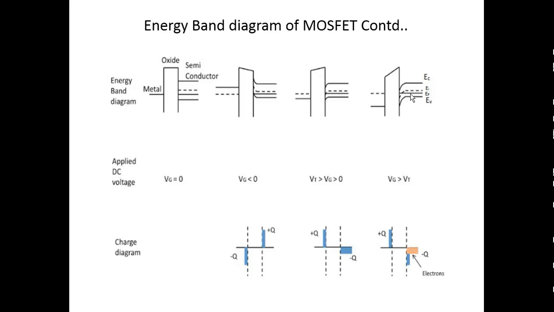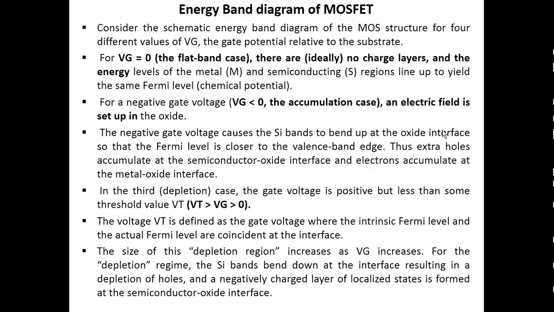So what happens when this particular condition is there and the device starts operating? When Vg increases, what happens? The depletion region size also increases. And why is it so?